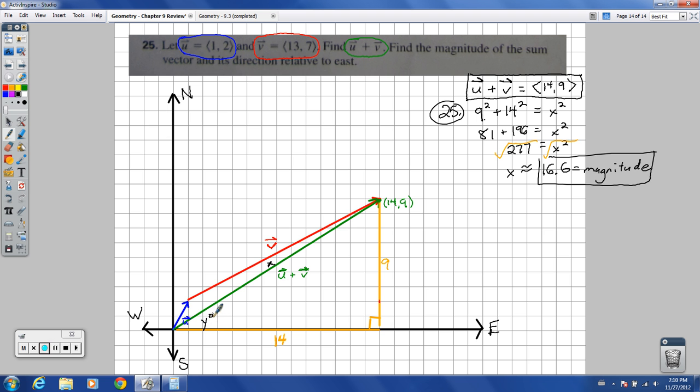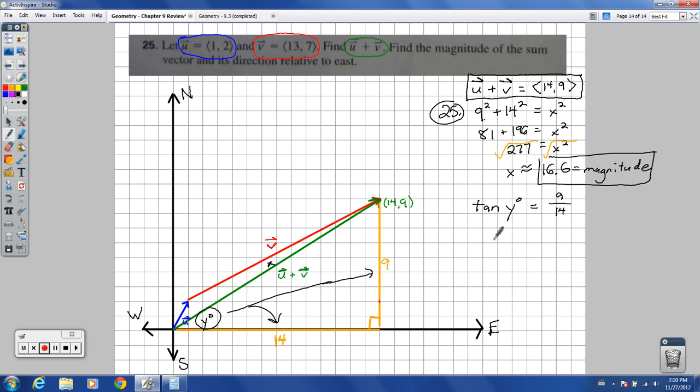So y degrees here, this is going to be set up like this. We have the opposite value right there, and we've got the adjacent value right there. So the one using opposite and adjacent would be tangent. Tangent of y degrees equals opposite is 9 and adjacent is 14.